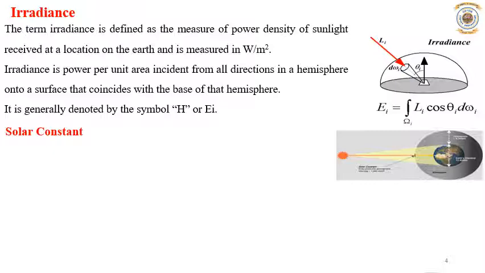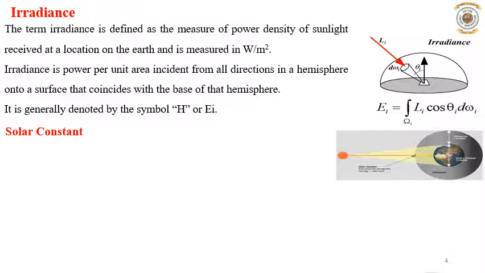We know that the sun is a large sphere of very hot gases, the heat being generated by various kinds of fusion reactions. As I mentioned earlier, its diameter is 1.39 into 10 to the power 6 kilometer, while that of the earth is 1.27 into 10 to the power 4 kilometer.